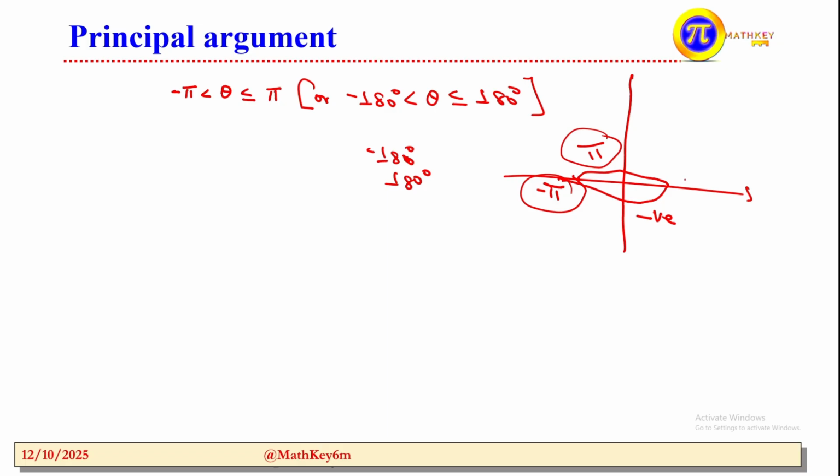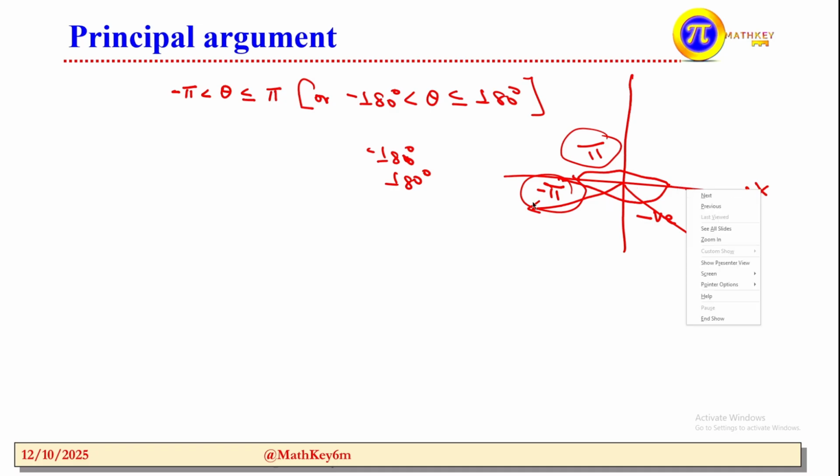And the other thing, to be unique: if the number lies between the positive x-axis and pi, we take a positive value. If the complex number lies in the third quadrant or the fourth quadrant, we move in the clockwise direction.